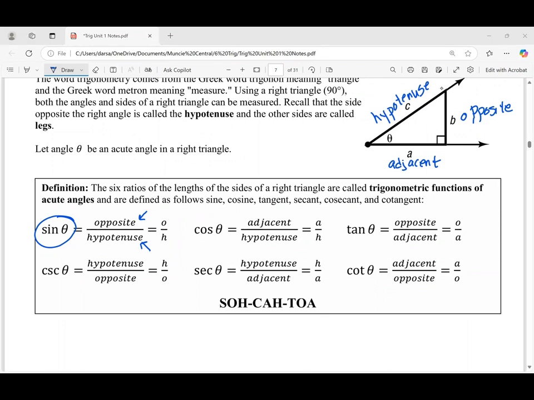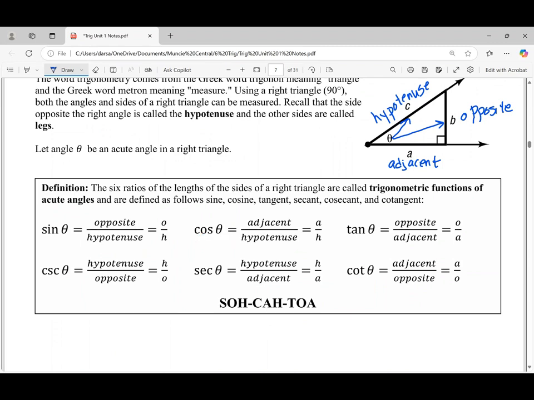So, in our example up here, the opposite side has length b, and the hypotenuse has length c. So we would just do number b divided by number c, and we're done. That is sine. Cosine is similar, but a little bit different. Cosine is take the adjacent side over the hypotenuse, and tangent is taking the opposite side and dividing by the adjacent side.